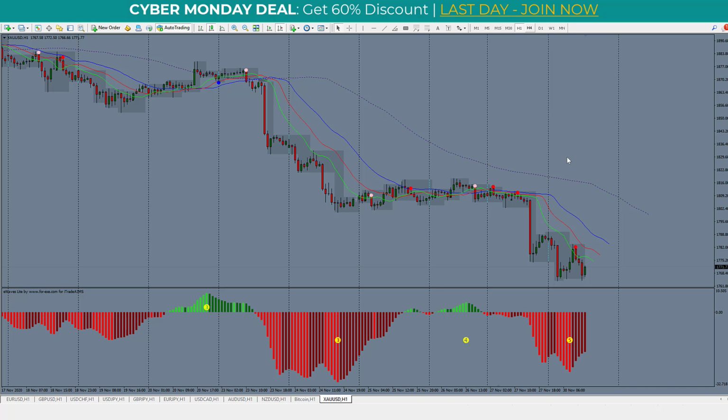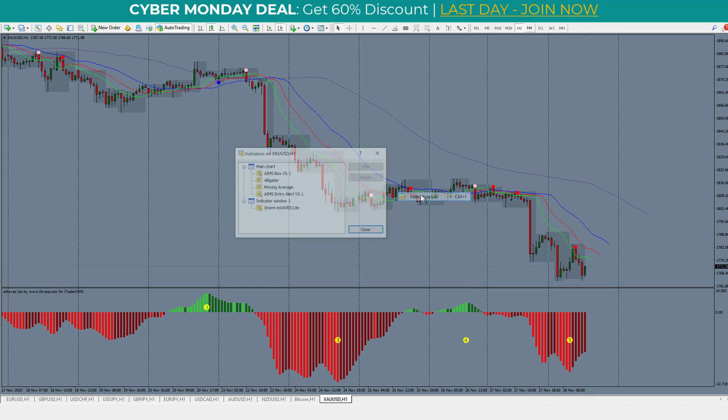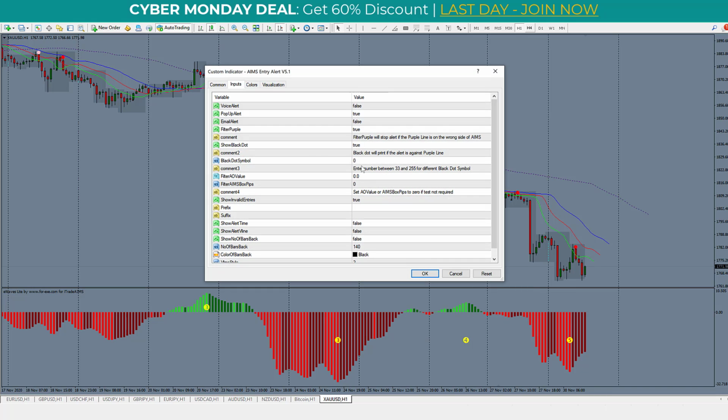And then we added a few more features: the purple filter, the box break filter, and a filter based on the size of the box, as you can see.